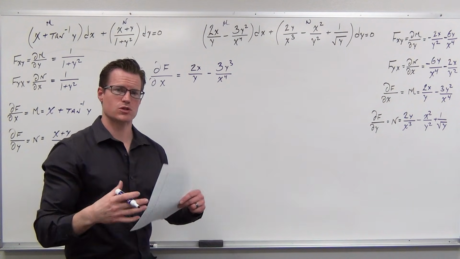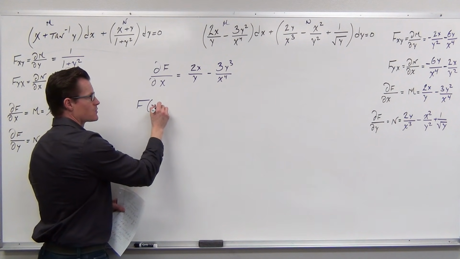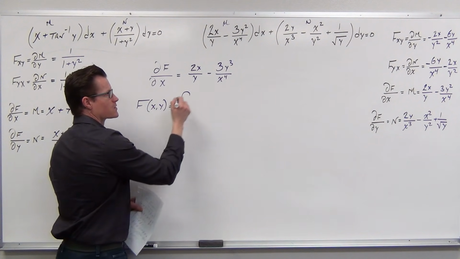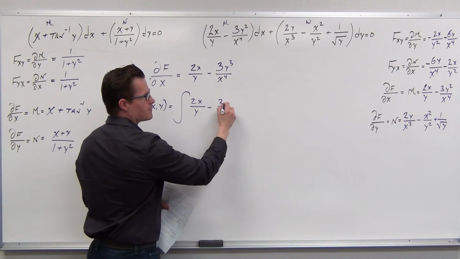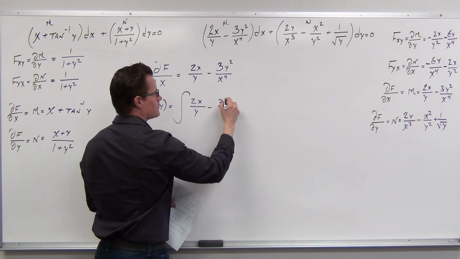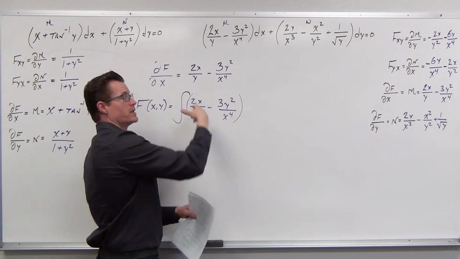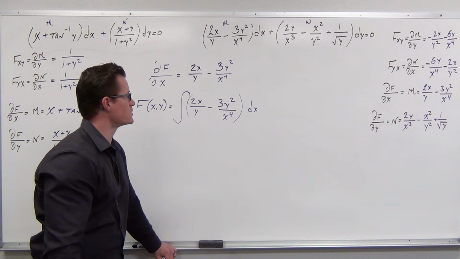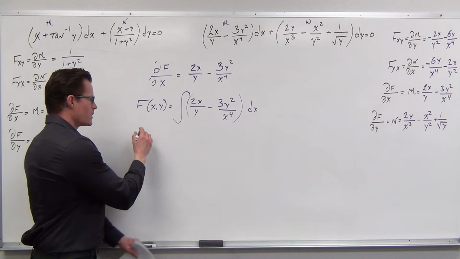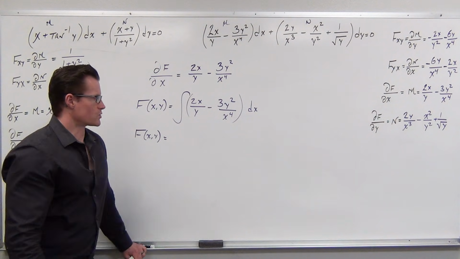Because that is the partial of f with respect to x, getting the potential function itself involves an integral of that m, undoing the derivative with respect to the same variable. So undoing that with respect to x. Okay, well we can do that. That's not super hard. Just a partial derivative, for goodness sake.